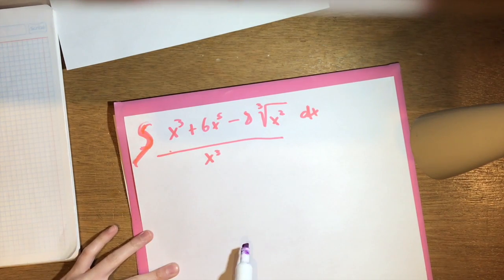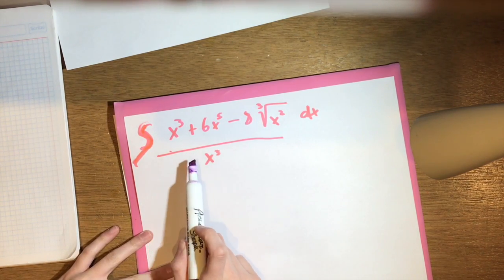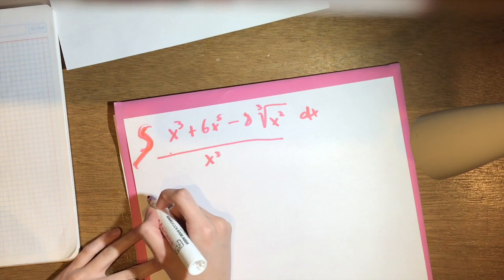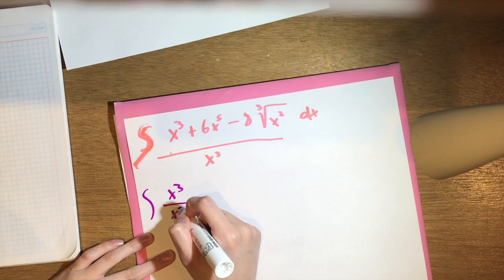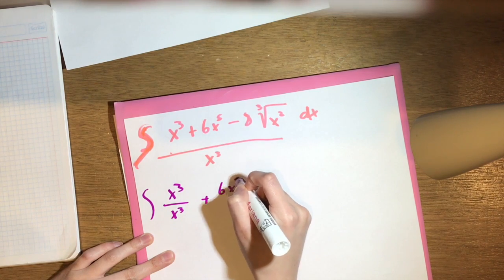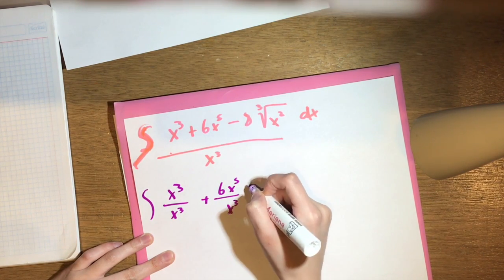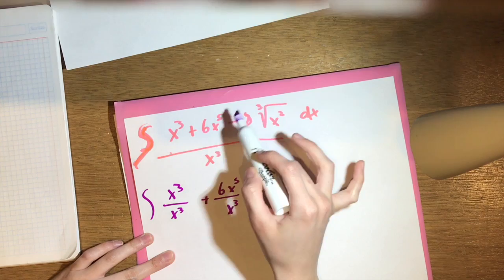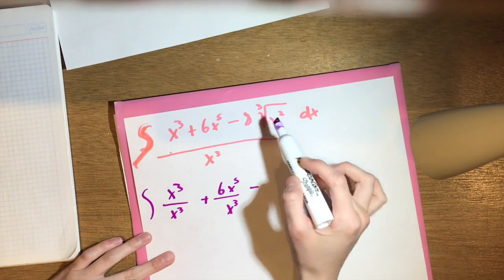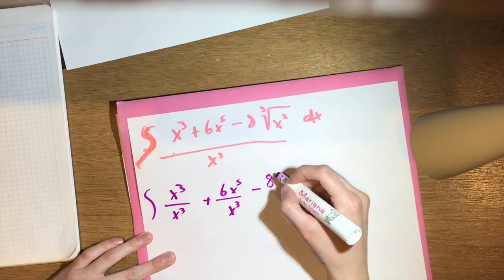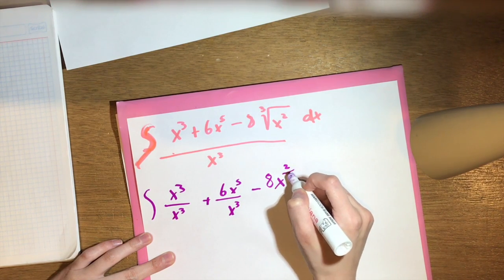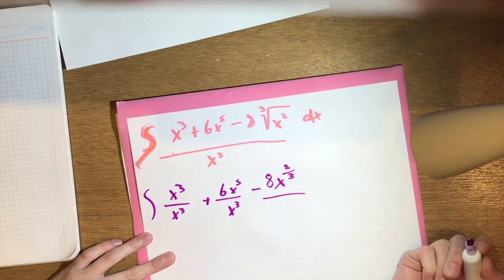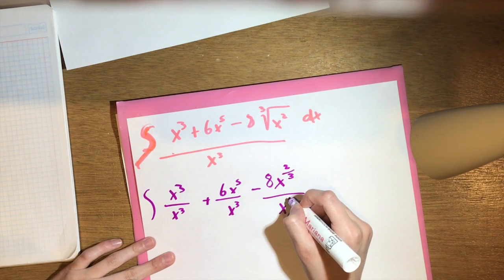We need to divide each term by the denominator. So we will have, and also you can make this look nicer by putting 8x to the 2/3 in order to be able to do the problem faster.